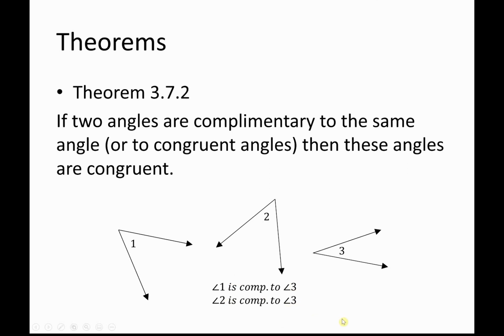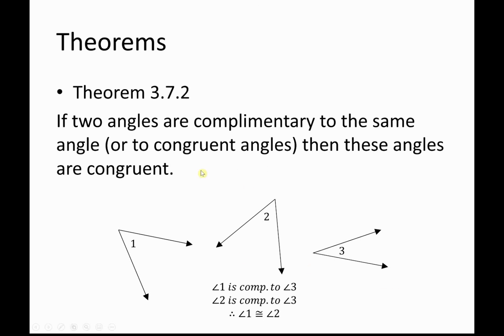Because remember, the term complementary means that angles are summing to 90 degrees. So if two separate angles are summing up to 90 degrees with a third same angle, then they must be taking up the same amount of space, i.e. having the same measure, i.e. congruent to each other, okay?